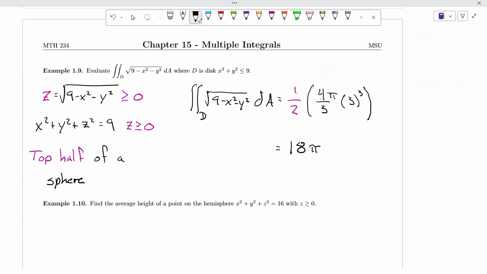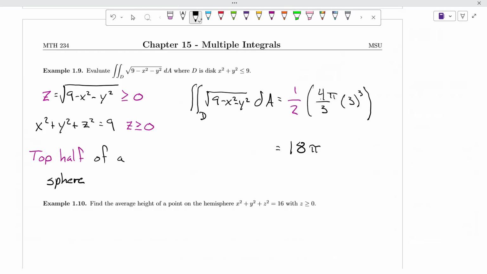So often when we're talking about half of a sphere, we'll just call it a hemisphere, as pointed out in the next example down, where we're going to be after the average height of a point on the hemisphere x squared plus y squared plus z squared equals 16, again with z greater than or equal to 0. The nice thing about taking these hemispheres, where z is greater than or equal to 0, is that I can then write that sphere as a function.